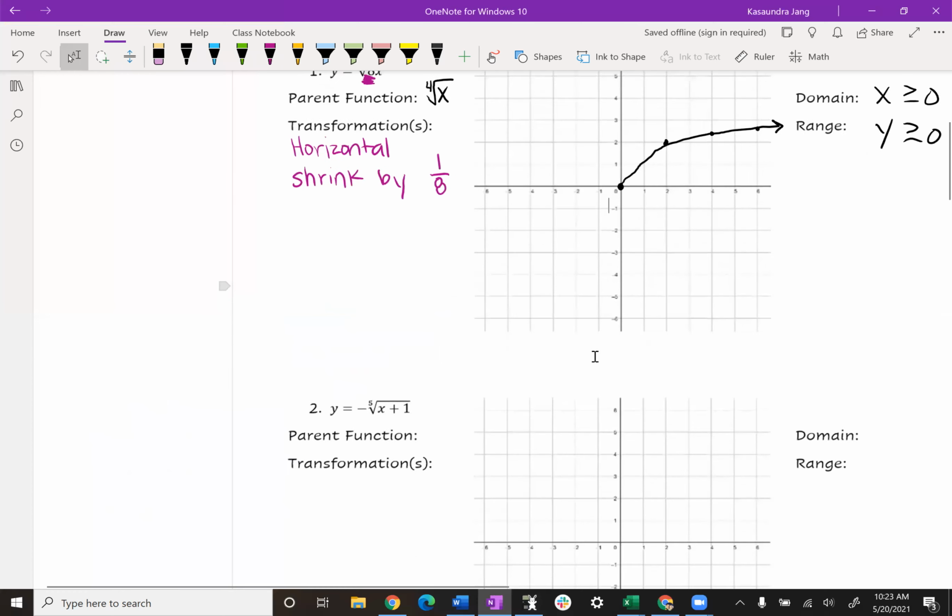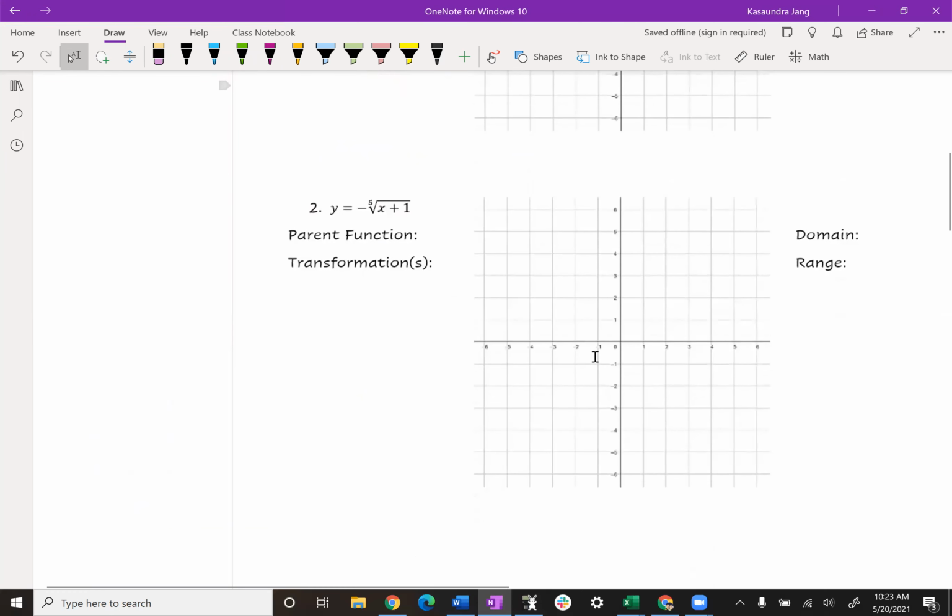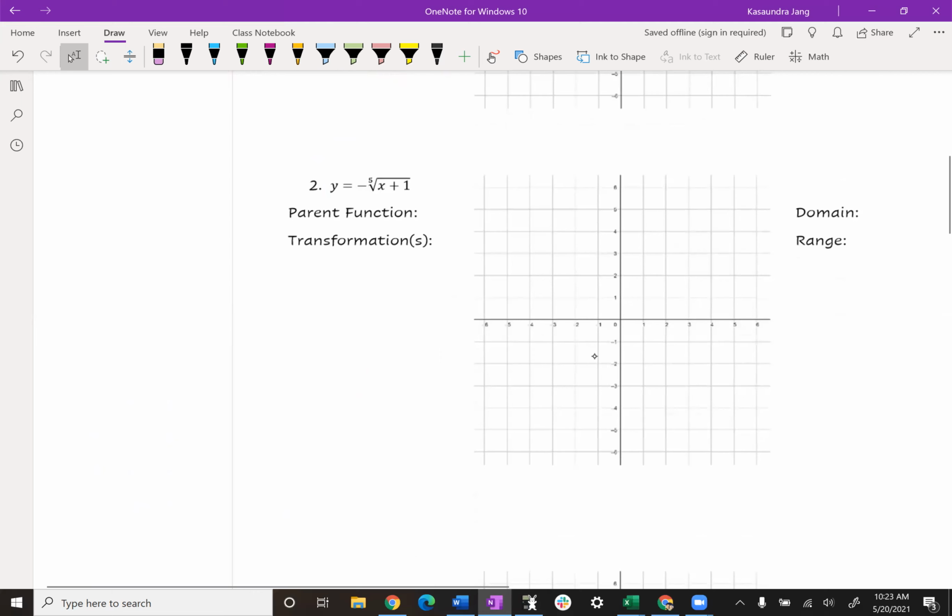That was an even root, so it was a fourth root. This one is a fifth root, so an odd root. It's my parent function, the fifth root of x. And the transformations, I think I got 2 transformations going on here. The negative, this has to do with a vertical. It's outside of the fifth root, so it has to do with y values. And that negative has to do with a vertical reflection.